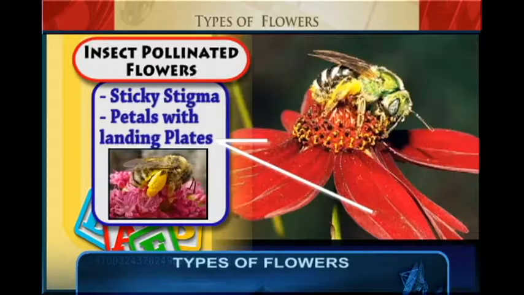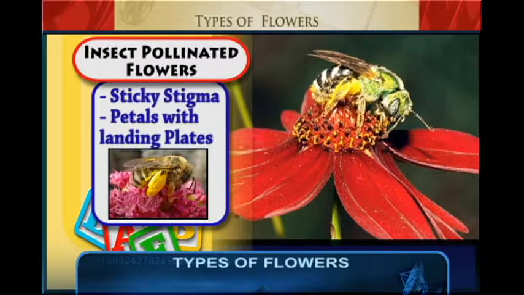Then the petals form a landing plate. The petals of insect pollinated flowers form a landing plate where the insects land when they have come to carry out pollination, or when they have come to pick nectar.